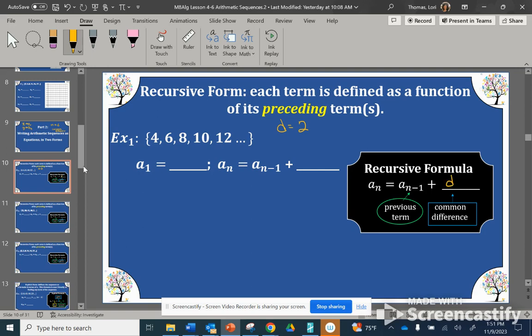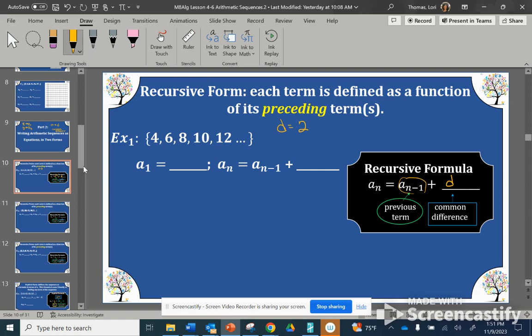So this is the recursive form: a sub n equals a sub n minus 1 plus a blank. This notation just means if I know the previous term and I add the common difference, I can determine the current term. So a sub n minus 1 just means the previous term.